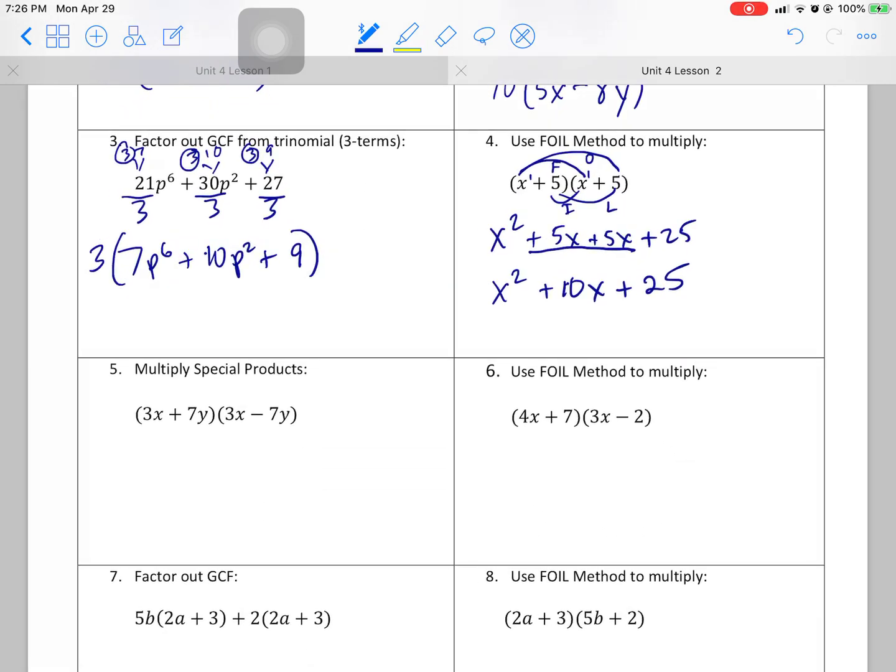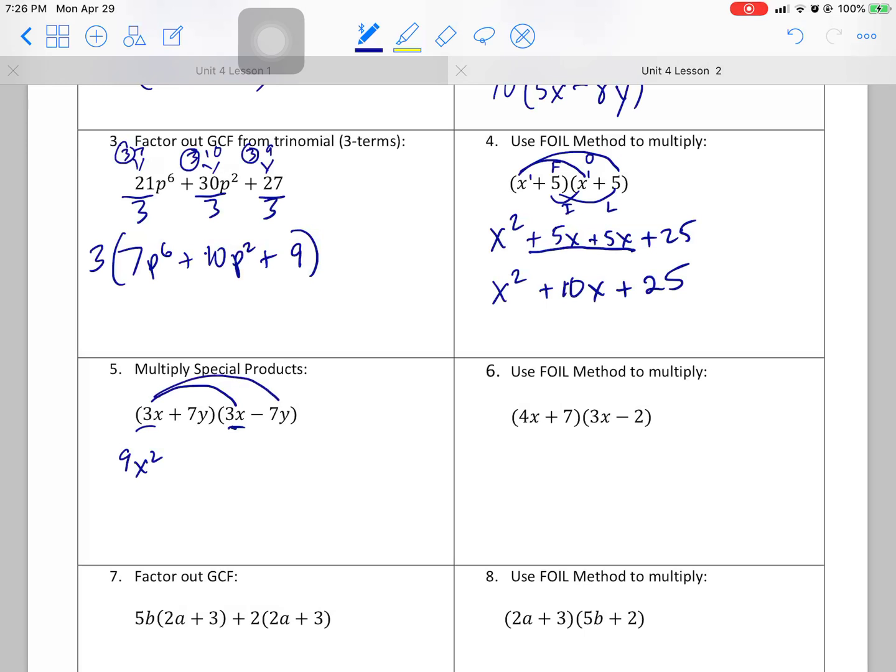Okay, and let's see, special products. The first term in this binomial and the first term in this binomial are the same, 3x and 3x. 3x times 3x is 3 times 3 is 9, and x to the first power times x to the first power is x to the second power. 1 plus 1 is 2.